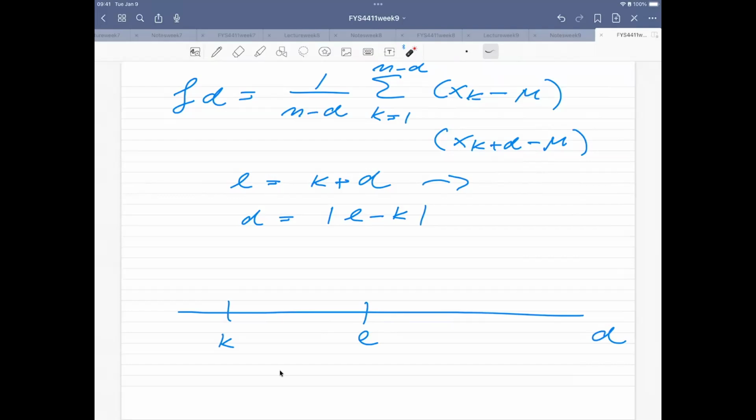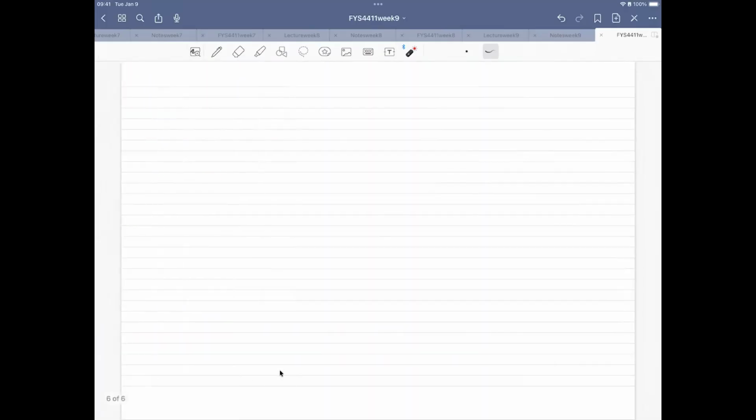So let me try to rewrite slightly these equations which we have here. When we have this term f of d, what we can do is to rewrite our total variance. And what you typically would do is also to define a correlation function. This is actually the basis for the autocorrelation function, where I take this function f of d and divide it by the variance of a single measurement.